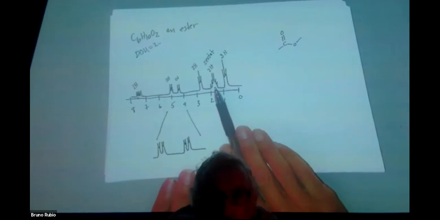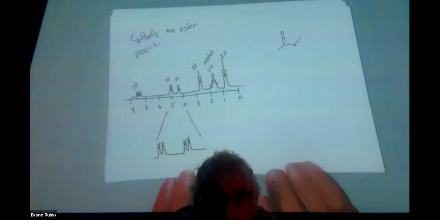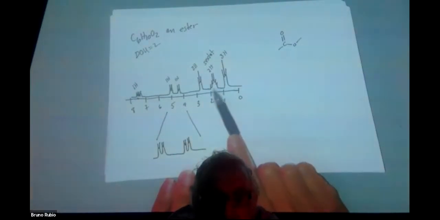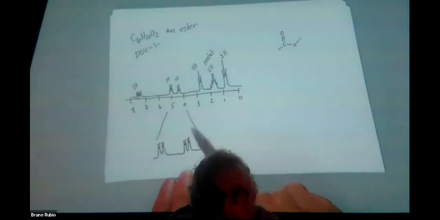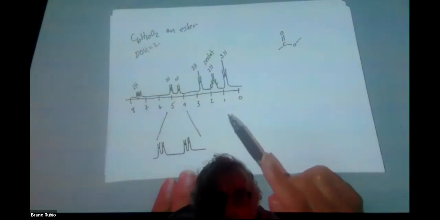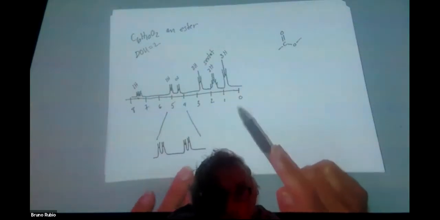How many neighbors? Oh, it has to be 5. Okay, but let's think about that for a second. Does that mean that these protons are next to a carbon that has 5 protons on it? No, because carbon only forms 4 bonds.